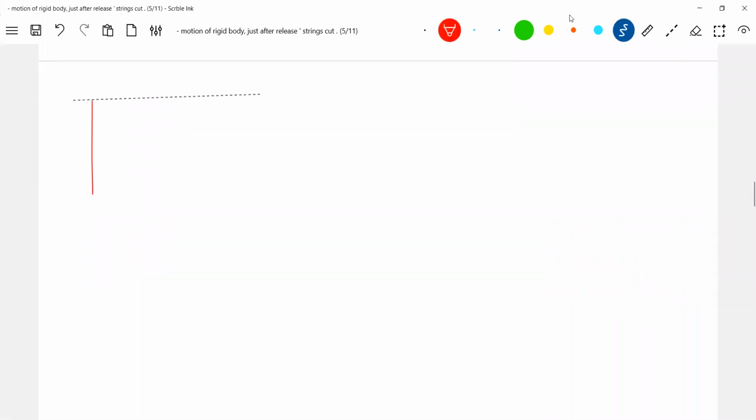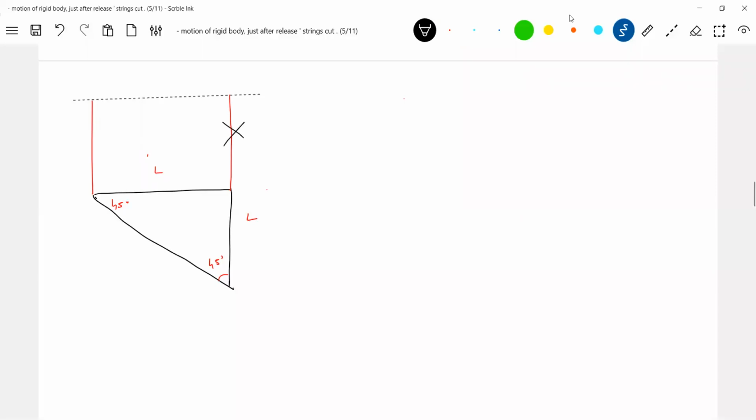This is a string. And you know the moment of inertia of the triangular plate, so there won't be any difficulty for you. So this is length L. I'm going to cut this string. So what will be the tension in the left string just after the right string is cut?